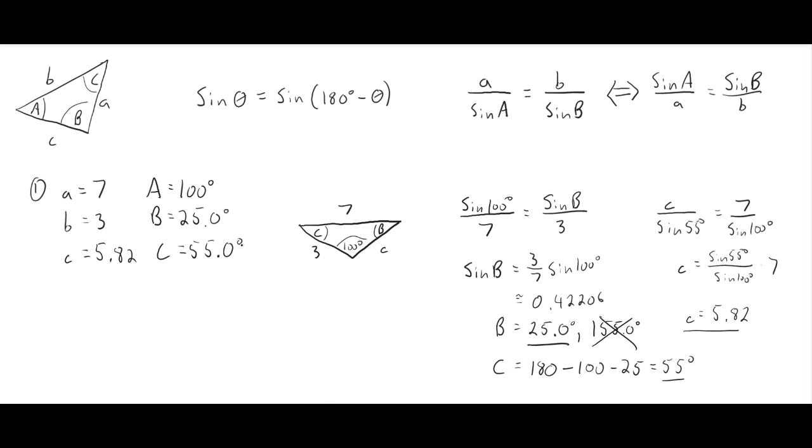If I was being careful, I should have put a 0.0 there. Okay, so there's a triangle. You can always check these by putting that in the law of sines. Basically, any length divided by the sine of the angle has to equal one of the other lengths divided by the sine of its angle, no matter what the triangle shape is.